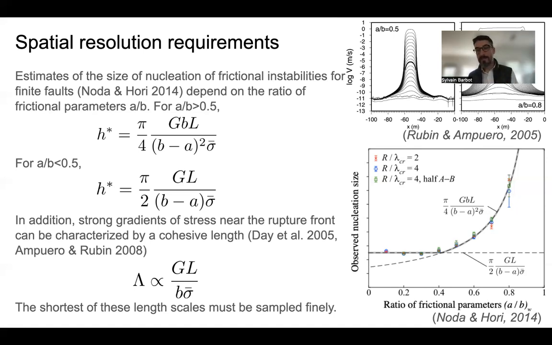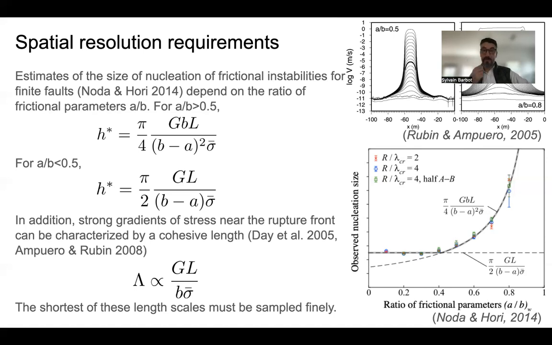The nucleation size can be estimated, and it actually depends on the material properties. So we have different estimates available. These ones come from the work of Noda and Hori in 2014 that depend on the frictional parameters a and b. So when a over b is greater than a half, this first estimate of the characteristic nucleation size can be used.